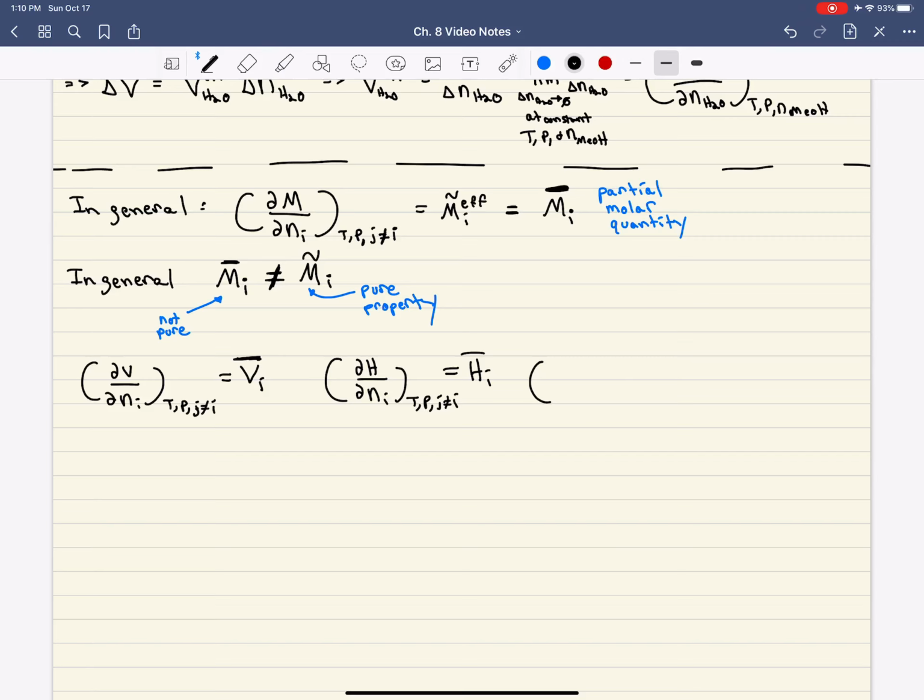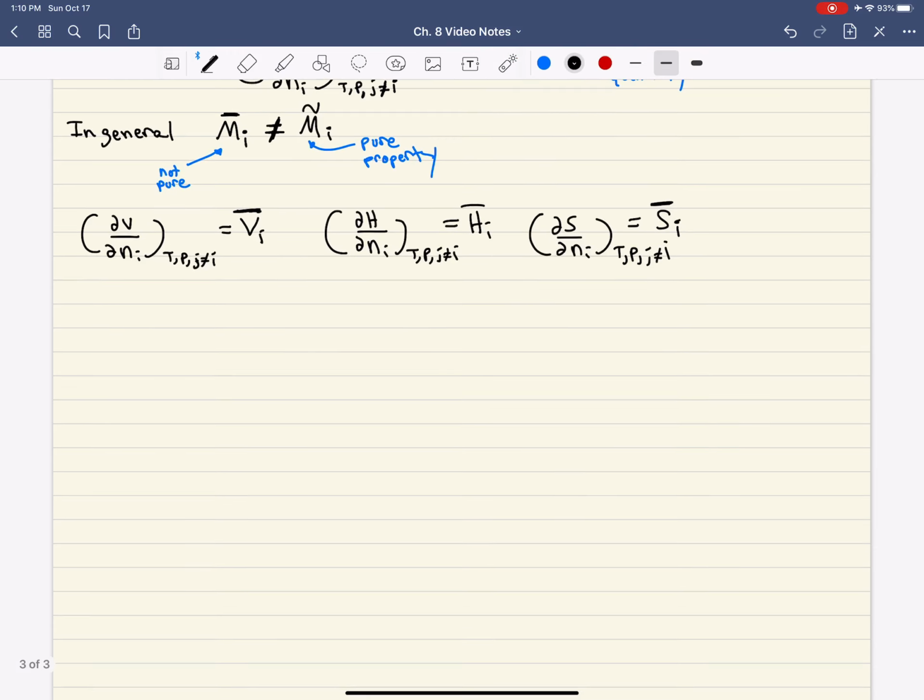You could also have, with entropy, a partial molar entropy. Okay? And I want to emphasize that what you're taking the partial derivative of is the quantity for the entire mixture. Okay? So you take the partial derivative of the property for the entire mixture with respect to the moles of a single chemical species or single component.